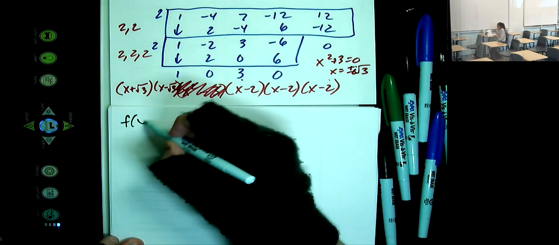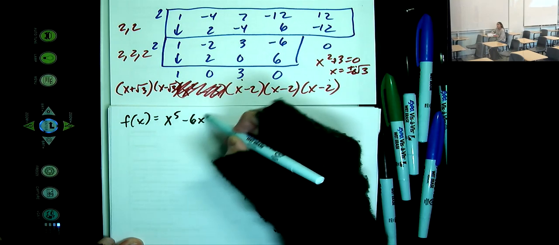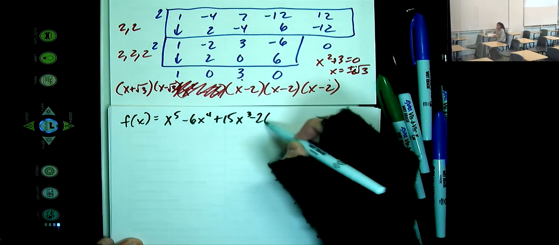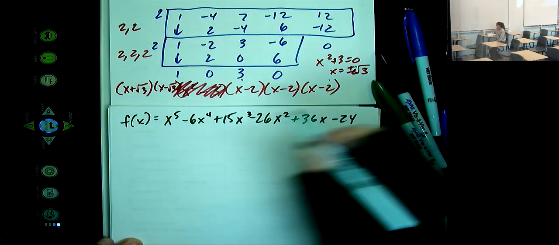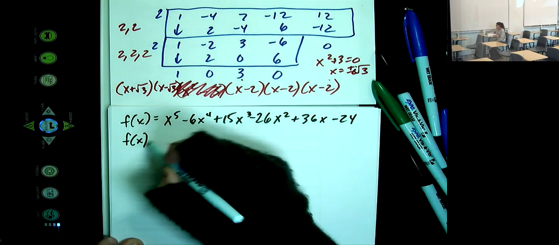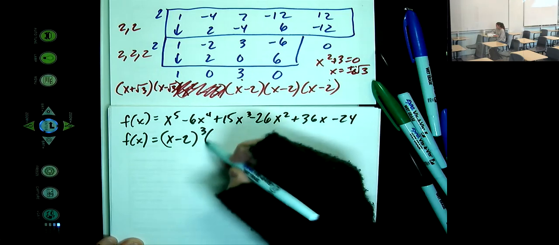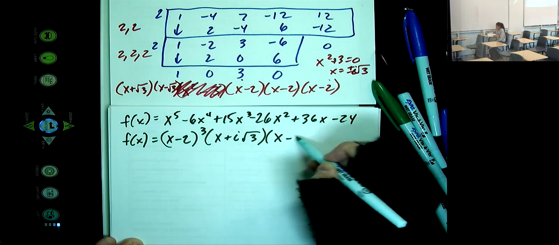So we had f of x. This was the original. And we were able to write it as x minus 2 cubed times x plus i root 3 and x minus i root 3.